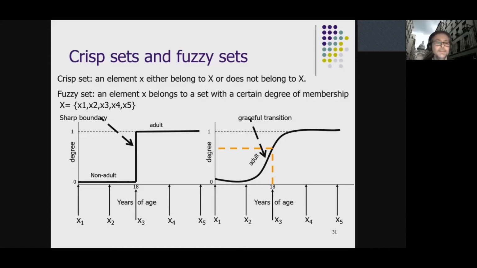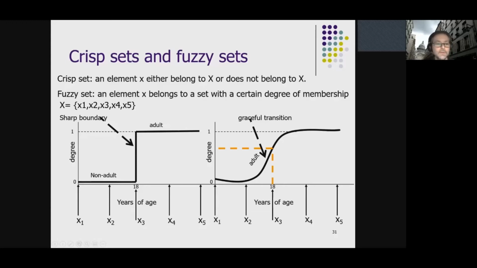If we say someone is an adult, all people who are over 18 years old are adults. That's a very crisp definition, very clear cut. It follows the standard logical approach. So if you are 18 and over, you belong to the set of adults.